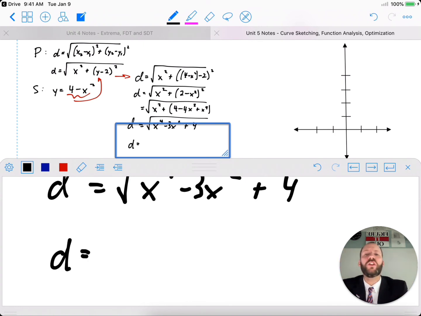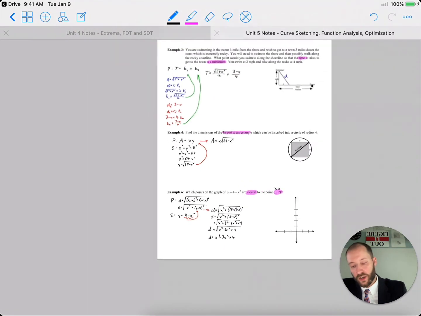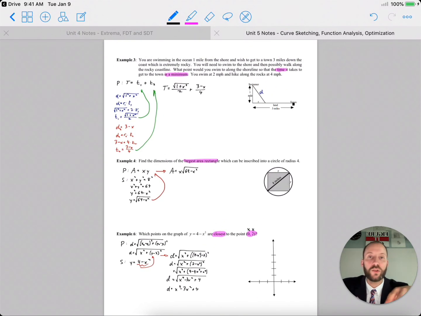So what's under the radicand makes the square root smaller. So you really only need to find the derivative of the radicand. Go ahead, take a look at that, then check your answer with my complete notes online.